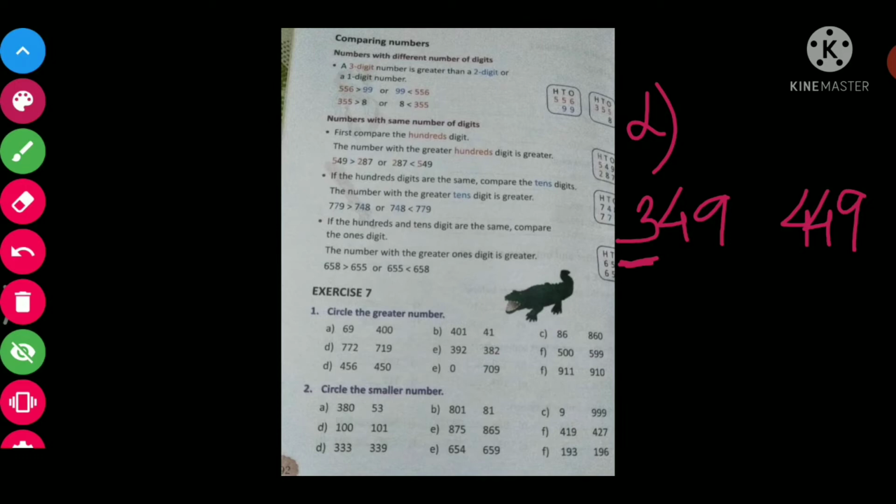Here 3 is in the 100 place and here 4 is in the 100 place, right? So 3 is less than 4, so we can say 4 is the greater one. So by comparing the 100 place value, we can say that 449 is greater than 349. We'll see only the 100 place value.